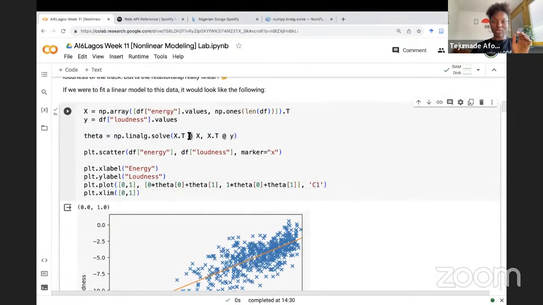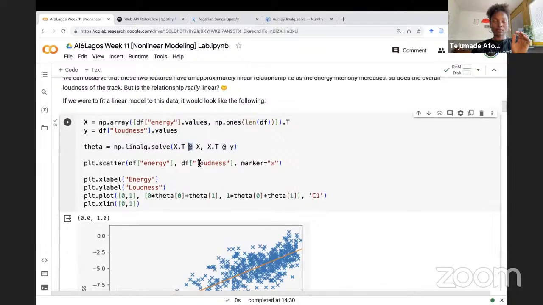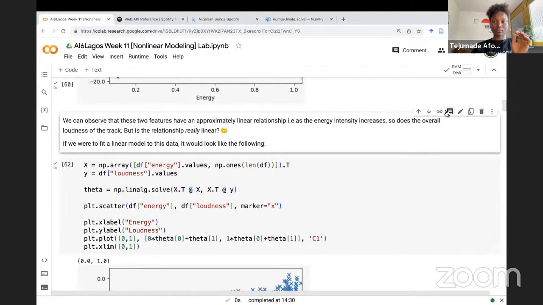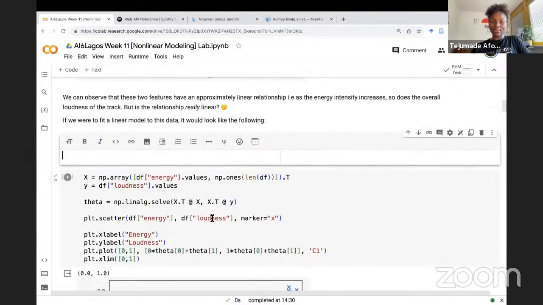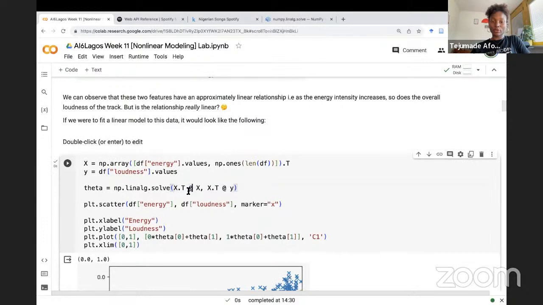Sorry, do you know what this art is doing? No. Okay, great. So the at symbol is called dot product. It's just an easy way to write it.